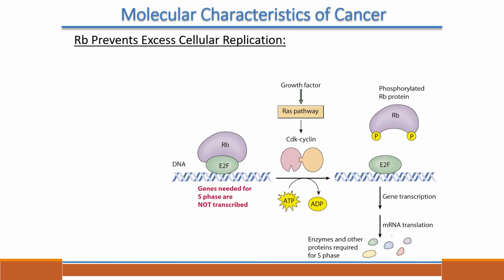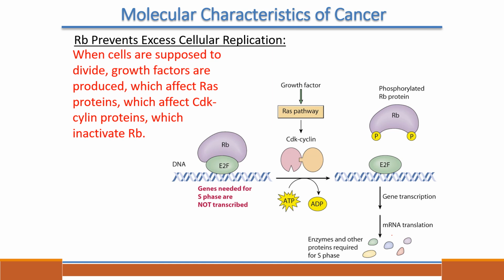So, conclusion, as I said before, RB prevents the excess of cell proliferation. Key idea, we dissect each one of these steps. We know that there will be growth factors that help the cells start dividing, so you go to the S phase.